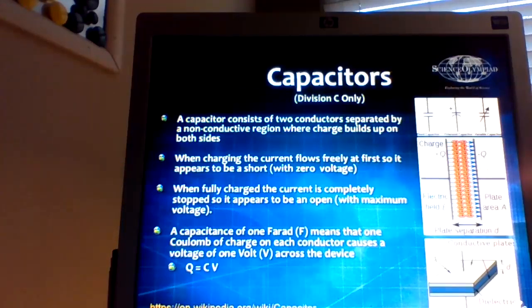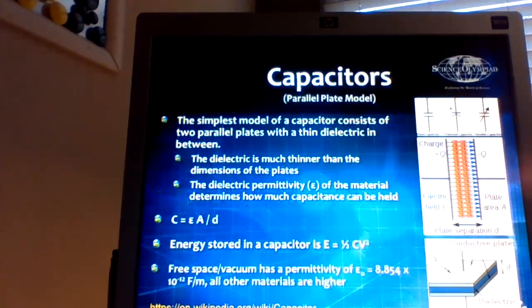And a dielectric is a non-conducting material, but that's where we're going to put all of our electric field. So all the charges get on one side of the plate and the opposite charges get on the other side of the plate, and then they create an electric field through that dielectric material. Remember, Q is equal to CV, okay? And whenever I talk about d, I'm talking about the distance between the two plates, and then A, I'm talking about the surface area of the plates.